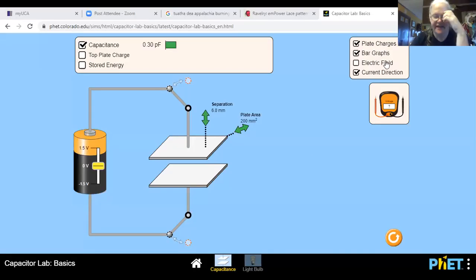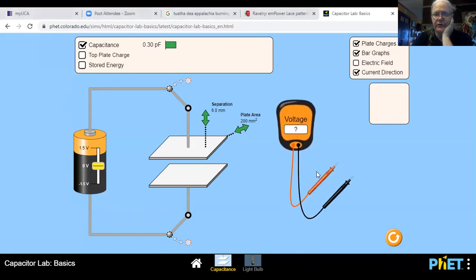Okay, so here is a PHET simulation about capacitors. What we've got is a capacitor, these square parallel plates. Here is a battery hooked up to it. It's hooked up to a constant source of voltage. Okay, I'm going to bring a voltmeter over and hook it up to my capacitor.